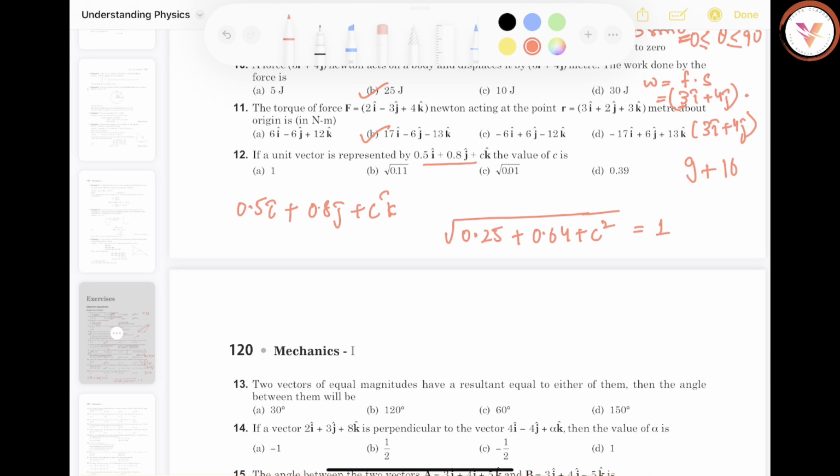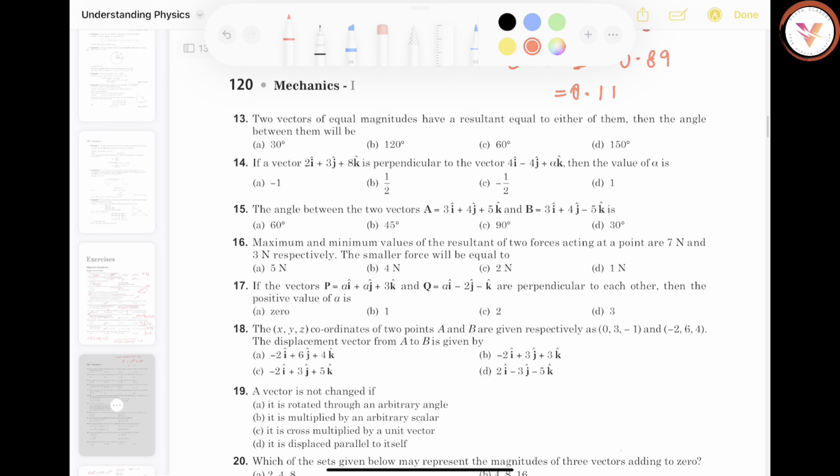Squaring both the sides, 0.25 plus 0.64 plus C square is equal to 1. And then C square is equal to 1 minus, if you add these two terms, it's 0.89. And if you subtract it, it's 0.11, and if you take the square root, then it becomes under root of this. That is the B one. So B is the correct option here.